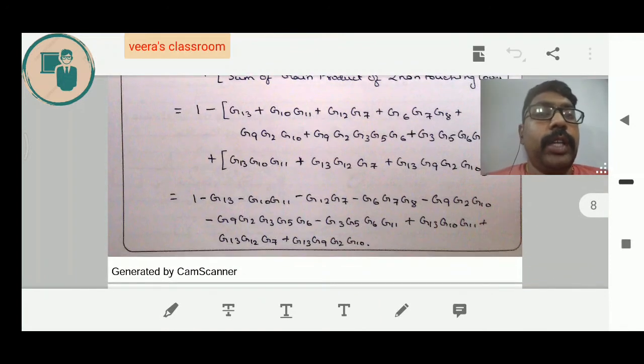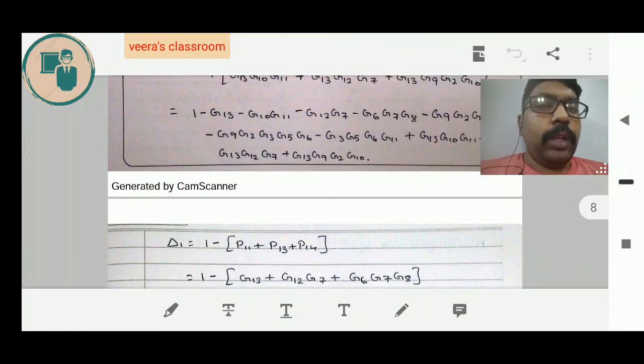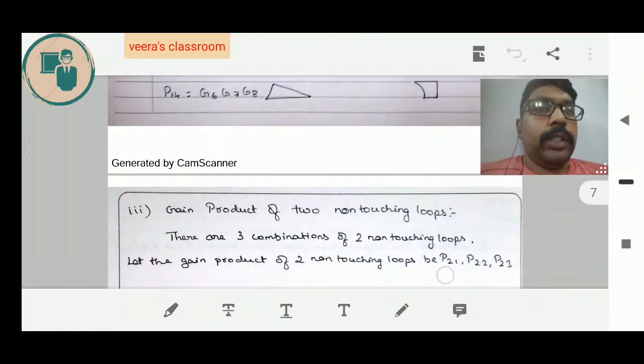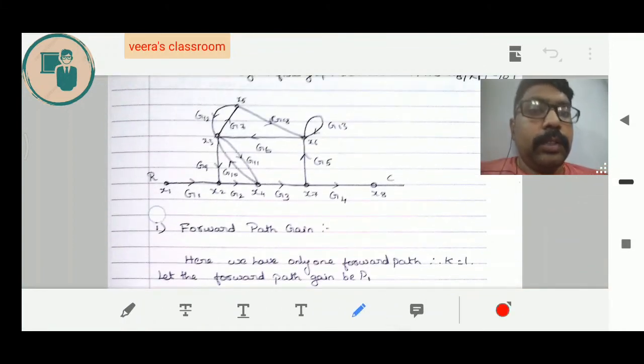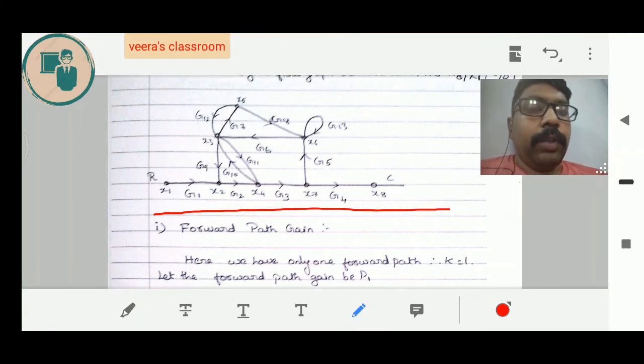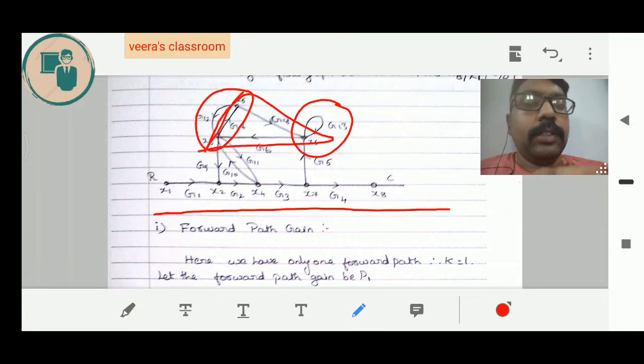We'll move on to del 1. Here we have only one forward path, so the value of k is 1 and we have only del 1. For del 1, we have to find the individual loops that are not part of this forward path, that is, loops that don't have any common node with this forward path. So this is one individual loop, this is another, and this triangle is the third one.